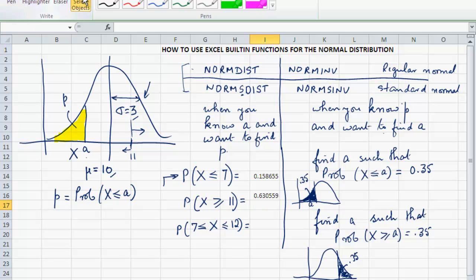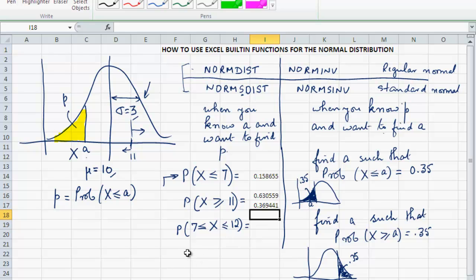Since the area under the curve must be 1, that's the cumulative, the sample space is the area under the curve, rather the probability of all outcomes is the area under the curve. So the probability of x being greater than or equal to 11 is simply 1 minus 0.63, which is 0.37. Okay.